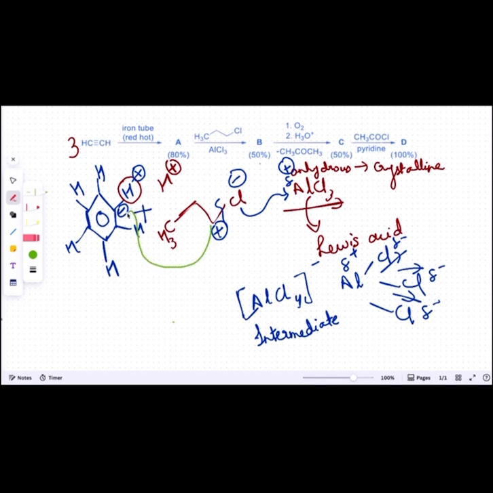The alkyl group that we broke off gets a positive charge and gets attached to the benzene ring in place of H plus. The H plus taken out from the benzene ring gets attached to the Cl minus that we initially attached to AlCl3. This reaction is known as the Friedel-Crafts reaction or electrophilic addition reaction.